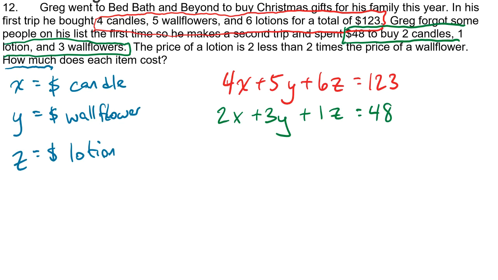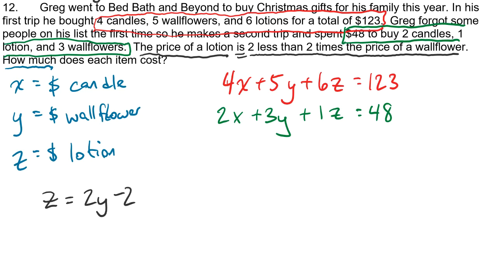And now we just got to look at the last sentence. So the price of a lotion, that's z, means equals 2 less than 2 times the price of a wallflower. So 2 times the price of a wallflower would be 2y, but then it says 2 less than that, so minus 2.